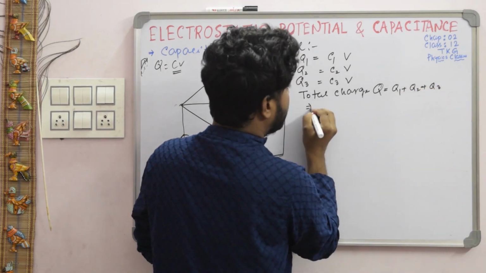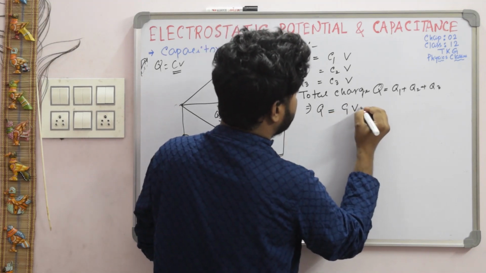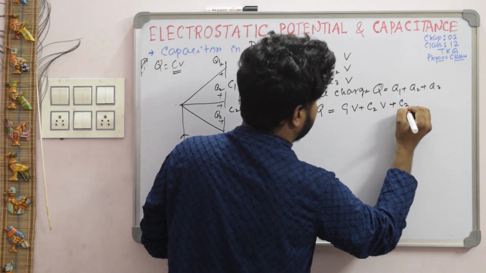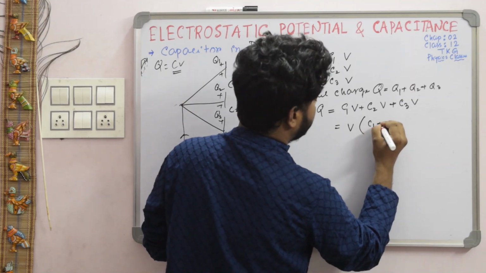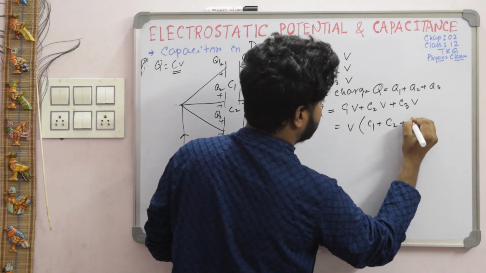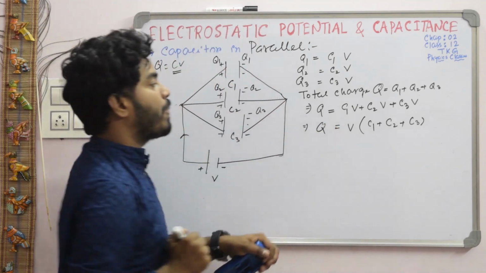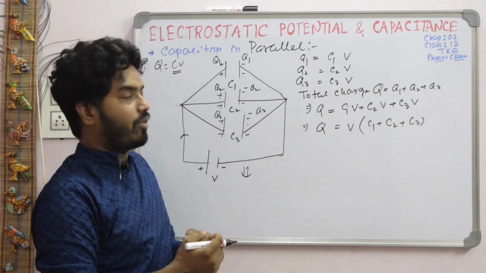Now just putting the values of Q1, Q2 and Q3: C1V plus C2V plus C3V. Take V common, V into C1 plus C2 plus C3, and on the left side Q. Now let us write the equivalent circuit for it.